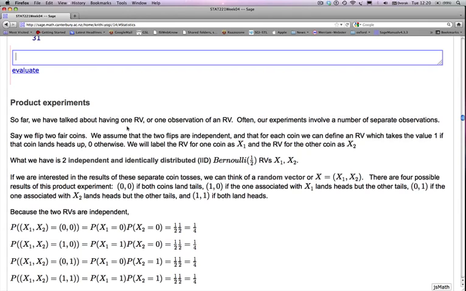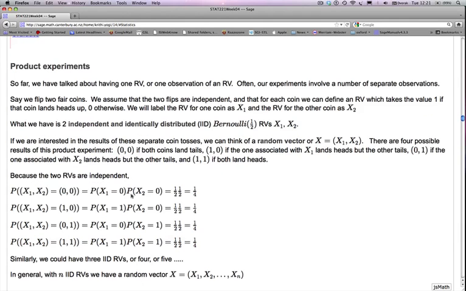What we have is 2 independent and identically distributed, or IID, Bernoulli half random variables x1 and x2 in this case. So when we have 2 IID Bernoulli half experiments, we can refer to them as x1 and x2. If we are interested in the results of these separate coin tosses, we can think of a random vector, or capital X, to be the ordered pair x1, x2.